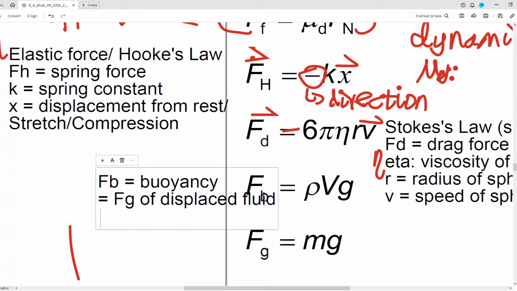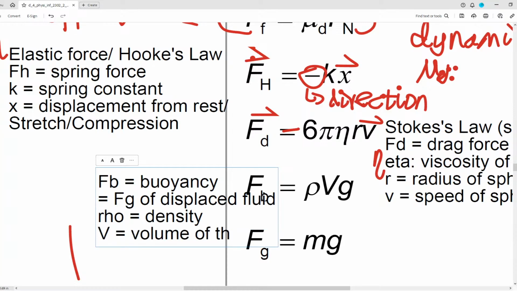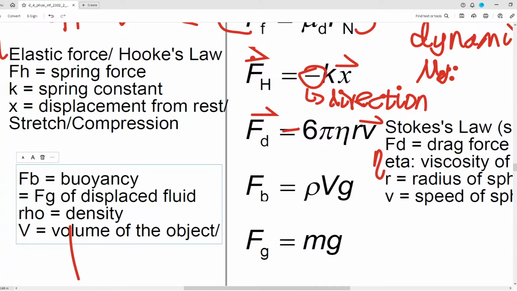When an object is moving in a fluid, both drag and buoyancy affect it, so it's important. Rho, or P as people call it, is density. V is the volume of the object, basically the same as the displaced fluid.